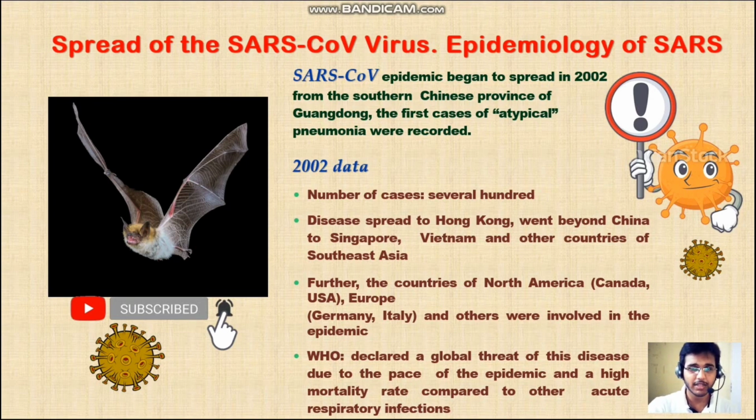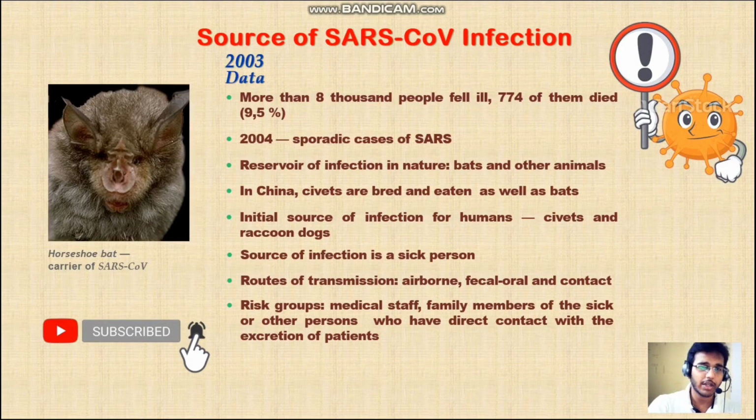Also, the treatments were very limited for this specific epidemic. Next, the second wave occurred in 2003. More than 8,000 people fell ill and 774 of them died, which was about 9.5% of those infected. In 2004 the disease was also registered, but not on a large scale.